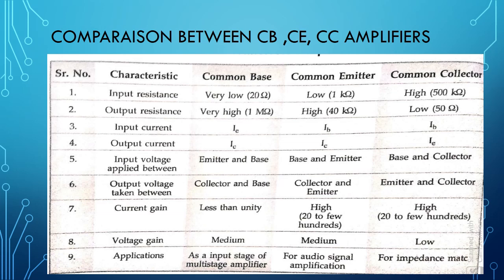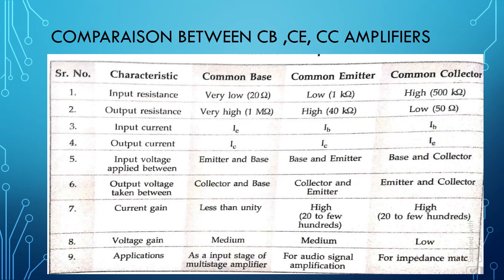In the common emitter configuration, the current gain is high, because here the output current is IC and the input current is IB. So the ratio is IC by IB. The IB value is very small because the base is lightly doped.